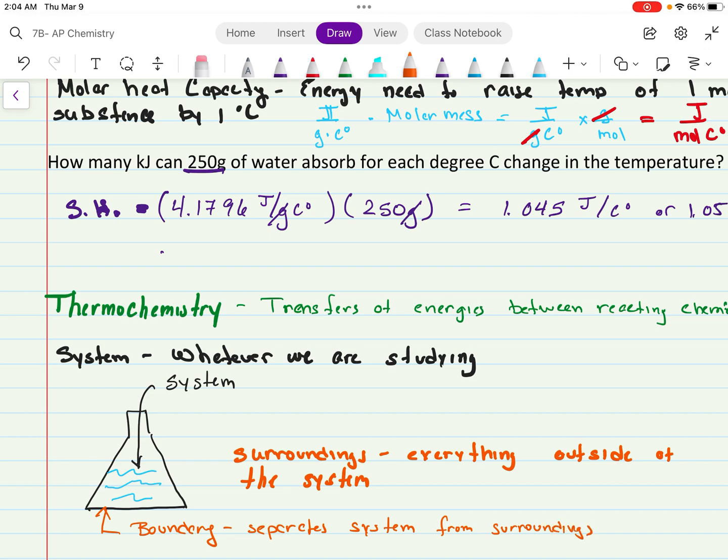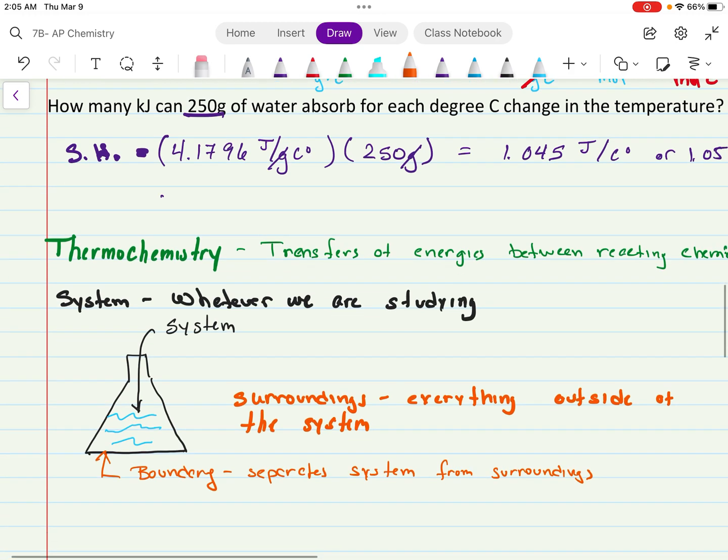It exists as a barrier between the two. Sometimes that barrier is insulated and other times it's not. An insulated boundary isolates the system from the surroundings, and an uninsulated boundary allows the system to directly affect its surroundings.